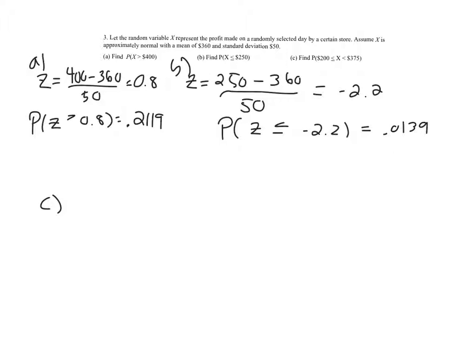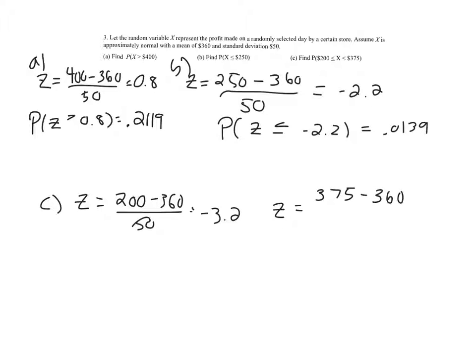For C, I need two z-scores. I need the z for 200, which ends up being negative 3.2. I also need the z for 375, which ends up being 0.3.